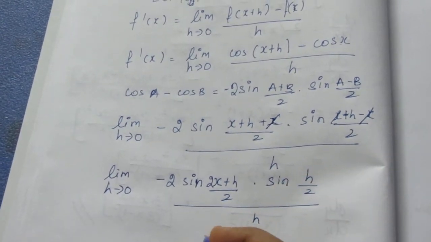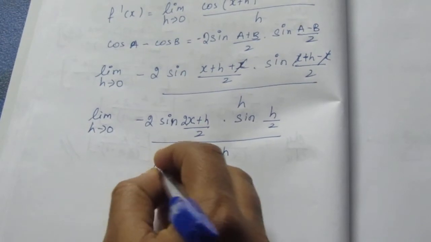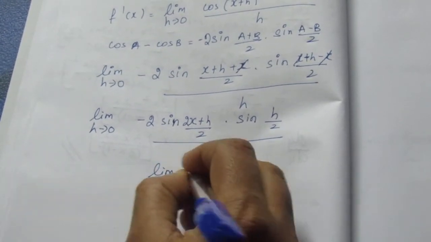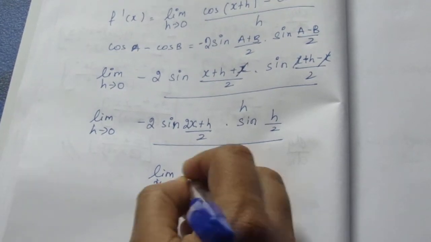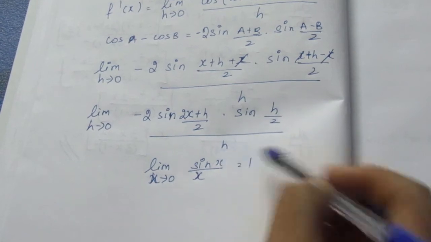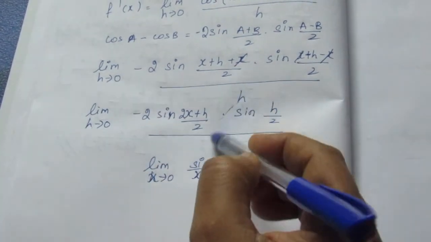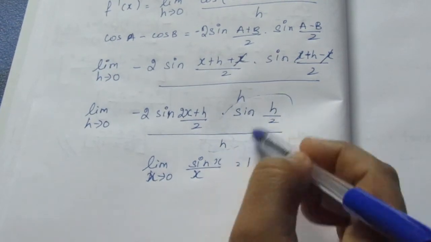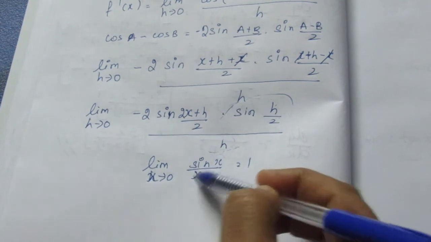Now we know a formula for sin in limits: limit x tends to 0 of sin x by x is equal to 1. As I told before, we should not have h in the denominator. To remove h, we have sin h by 2, and the value of the theta and the denominator should be the same.